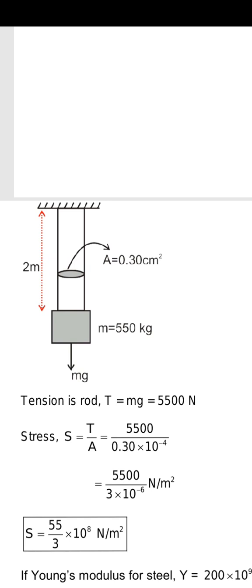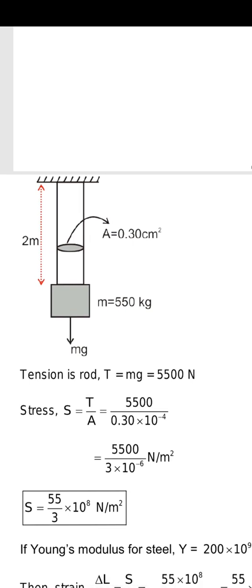So where there's force, we're going to put tension. Now, how are we going to calculate tension? Tension will therefore be equal to mass times gravity, because the force that we have here is the tension force. So we are going to calculate that tension force as mass times gravity, over area.